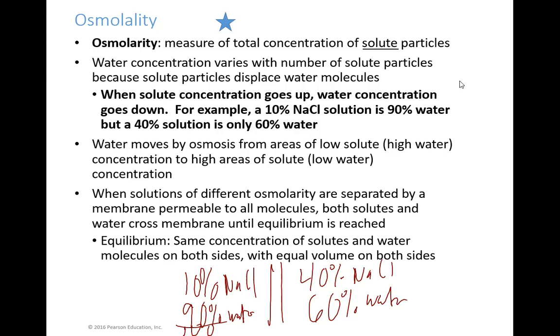The 90% side, right? This is the high water because 90 is greater than 60. This is the low water. Water then moves from the high side to the low side to reach equilibrium. So water will move across a membrane into a cell from the high water side to the low water side.